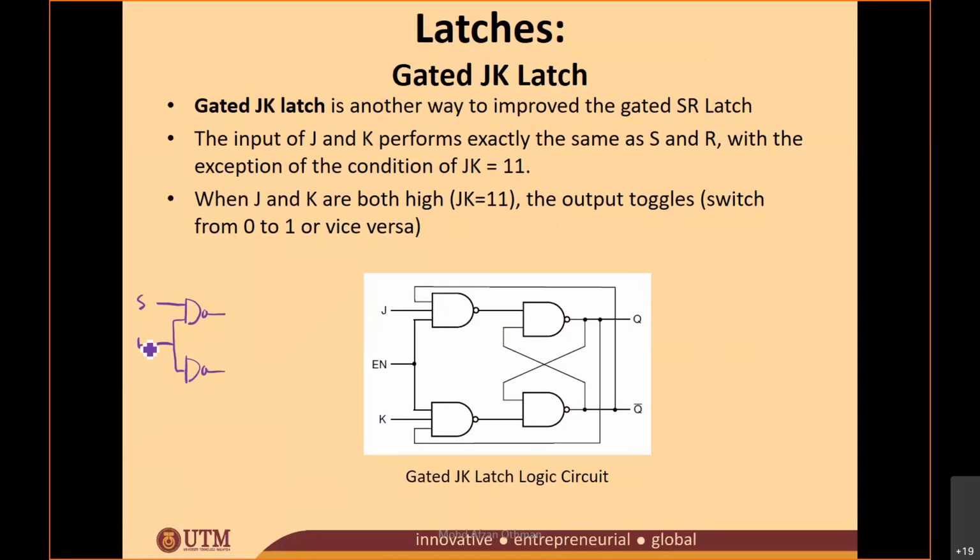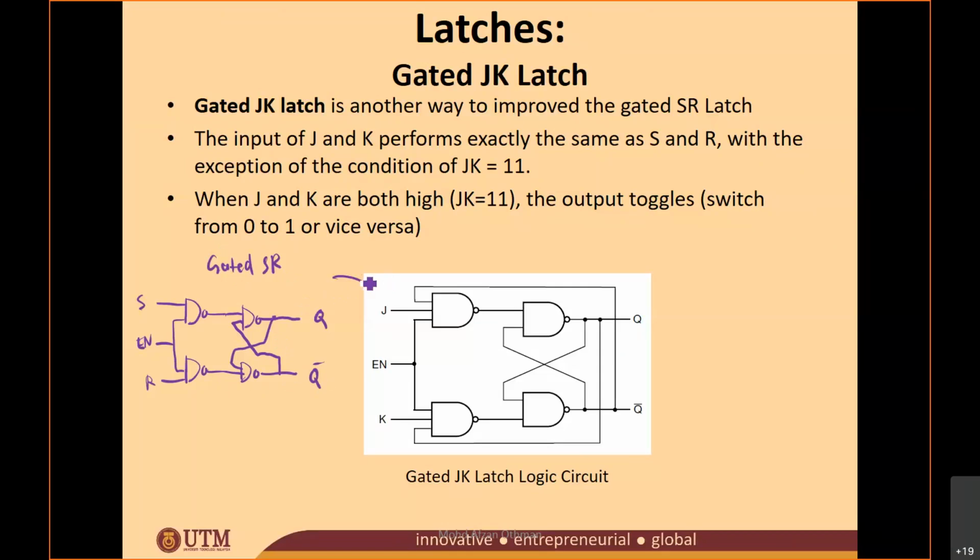Press enable R and then, okay, yang ni tadi gated SR.